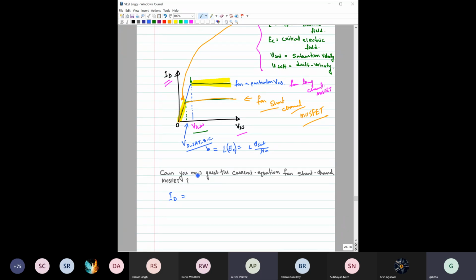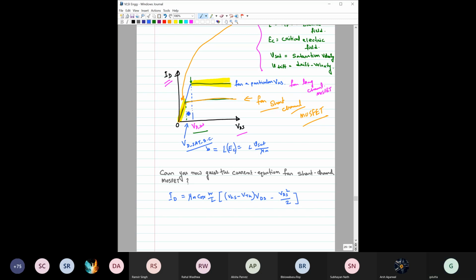So what is the expression for current for a long channel in the linear region? Mu Cox W over L, (VGS minus VTH) times VDS minus VDS squared divided by 2. Right. Now think about it: how should we change it here?